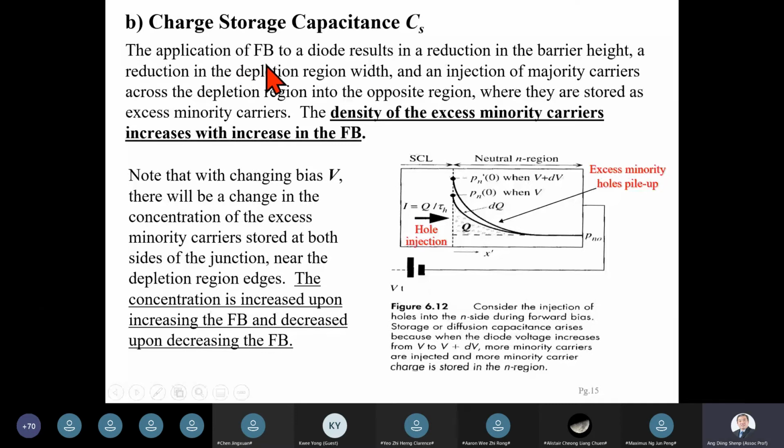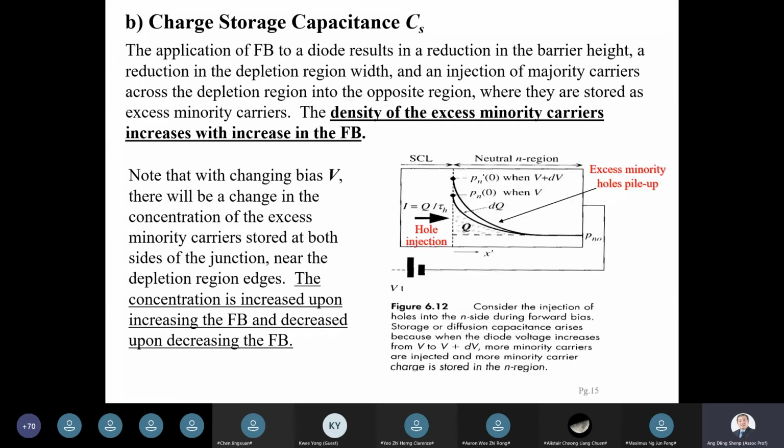Now, from the earlier discussion, you know that a forward bias will create a situation where majority carriers are injected across the PN junction. The injection happens due to the reduction in the barrier height. As a result, when the majority carriers on one side get injected into the opposite side of the junction, let's take for example holes from the P injected into the N, these holes become excess holes in the N region, and they do not disappear immediately.